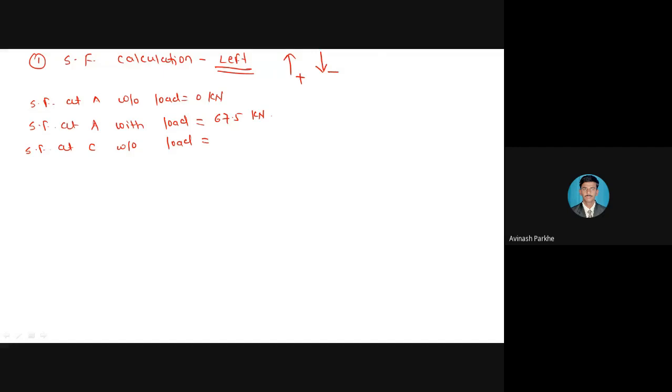How many forces are present to the left side of point C in the without load condition? Only one, that is 67.5 kilonewton. Similarly, shear force at C with load. With load means the effect of that point load also we have to consider: 67.5 minus 50, because 50 is moving in the downward direction. What will be the answer?